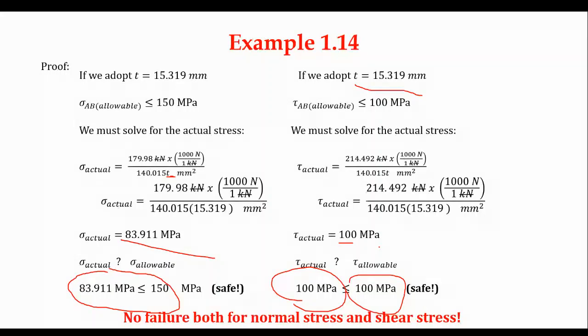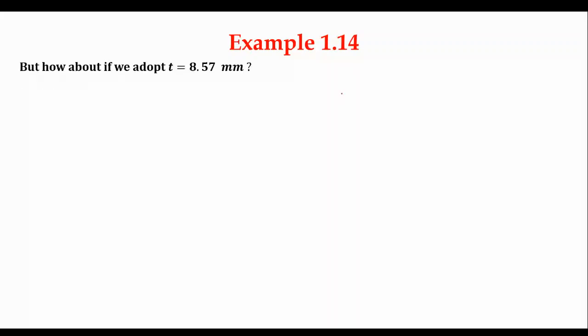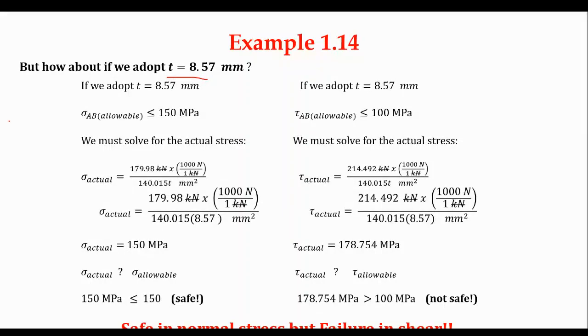Okay, 15.319 and up. How about if we adopt T equal to 8.57? So kung ang thickness nato is 8.57 millimeter, pag-substitute nato ana to solve for actual stress, in this case, sa normal stress, kita ninyo ang thickness na gi-substitute is 8.57.